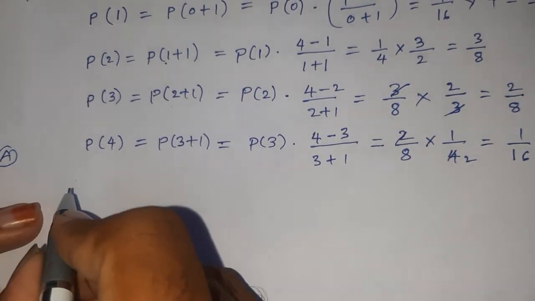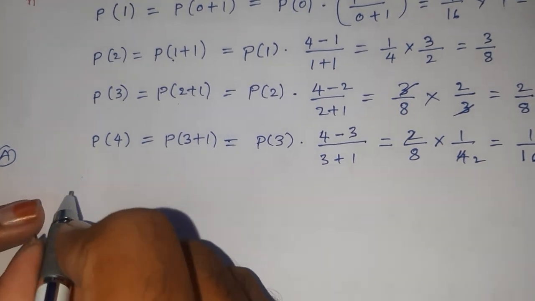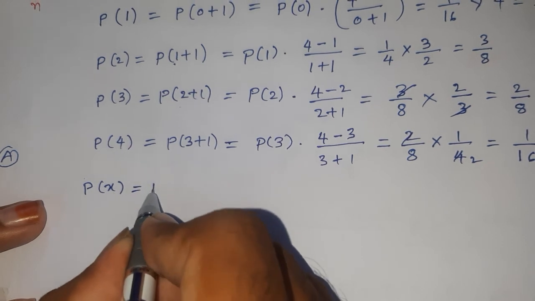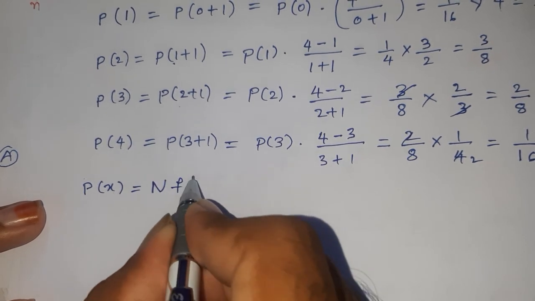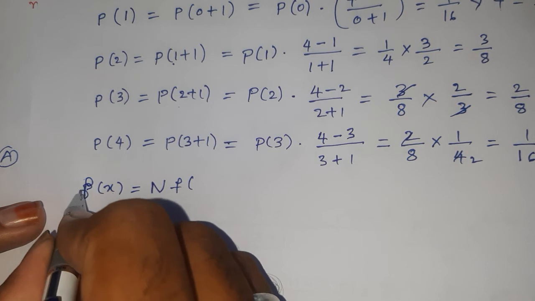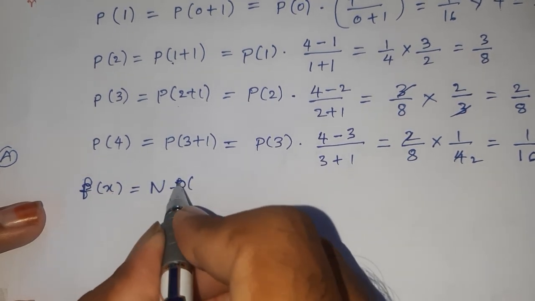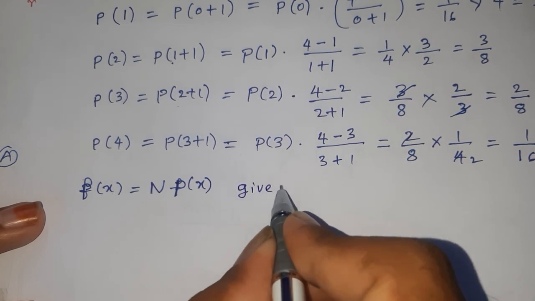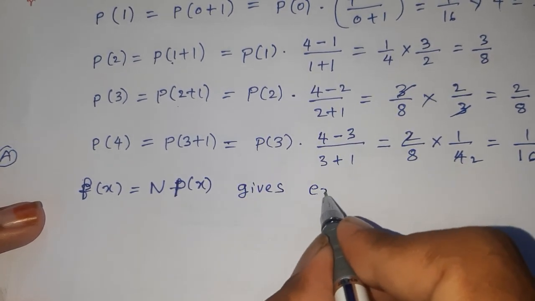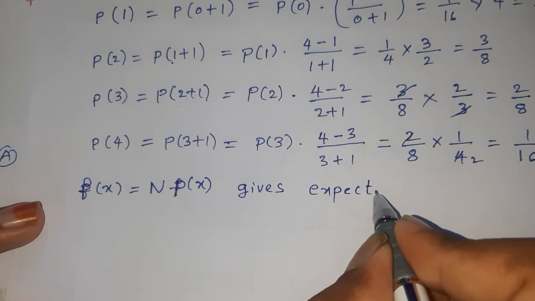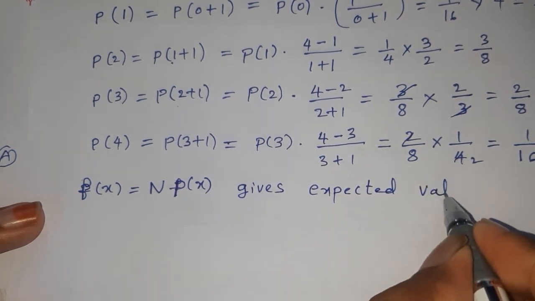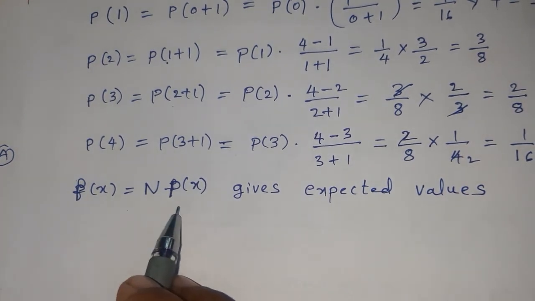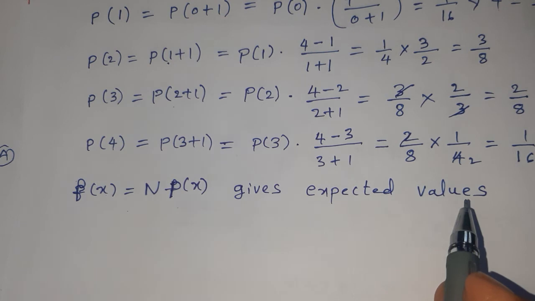Expected values are given by this formula: f of x is equal to N into p of x gives expected values.